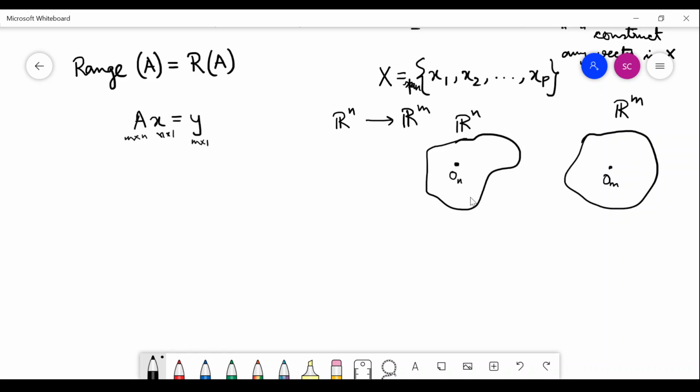Here are the two spaces. This 0 point basically depends on how you choose your vectors, how you choose your basis vectors, all these things.